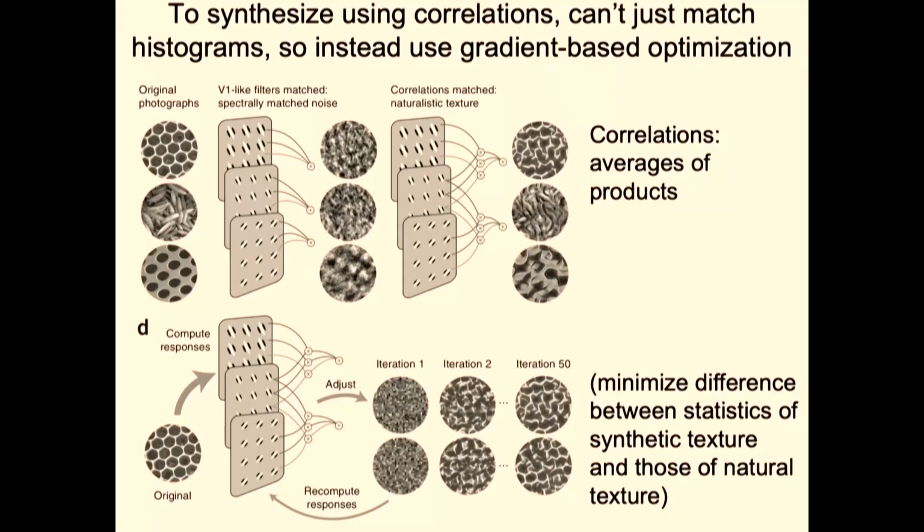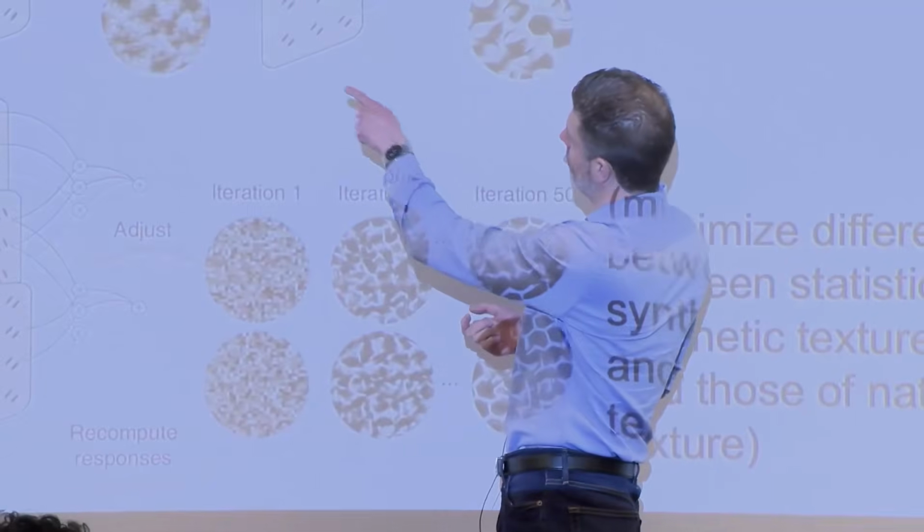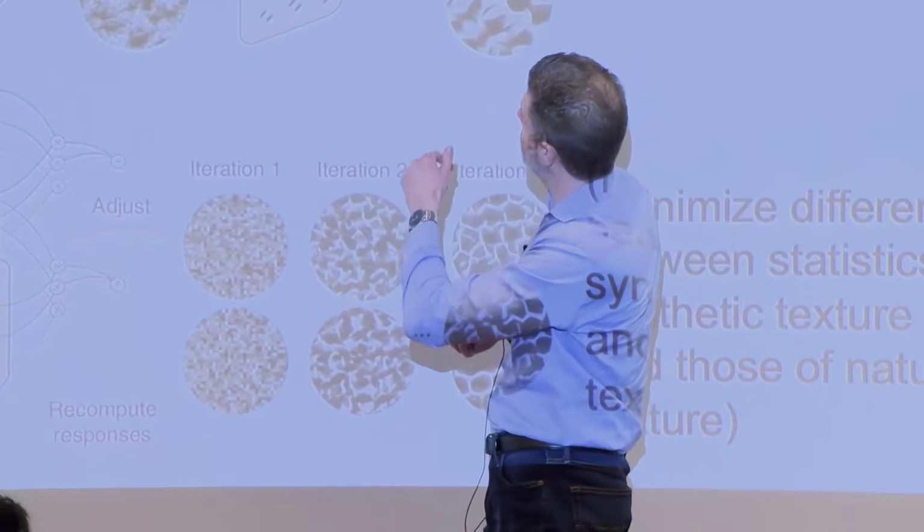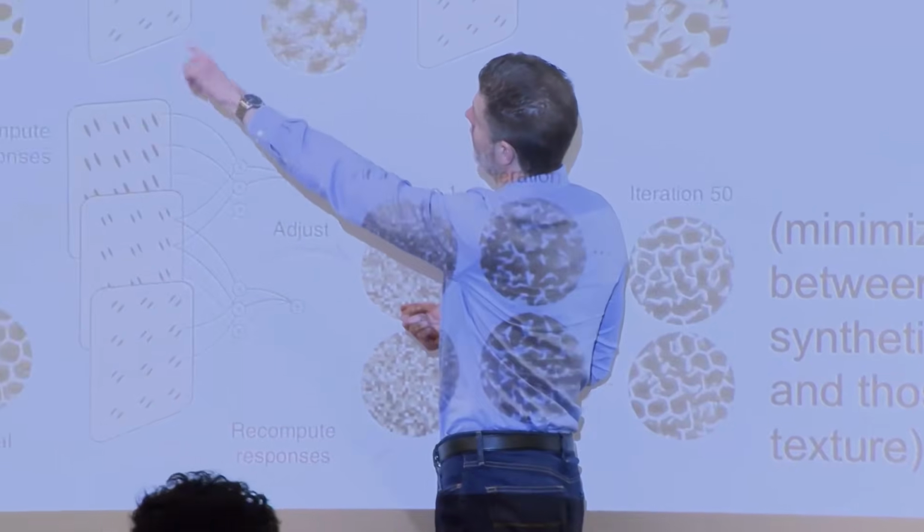Okay, when we talk about correlations and stuff, it may sound abstract, but you can think about building this into a pretty neurally plausible model. So this is showing a few different stages by which you could compute these correlations. You've got these original images.